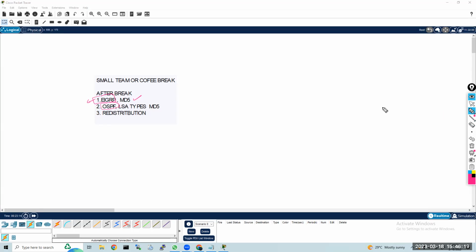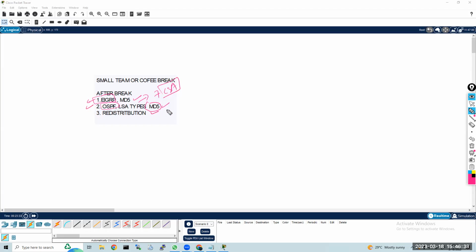We'll also discuss MD5 authentication in OSPF, how it works. And LSA types, we shall discuss all 7 LSAs. It's very important, guys. OSPF is quite important. Most organizations are using OSPF.